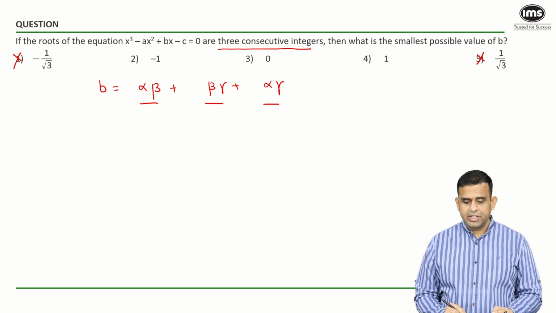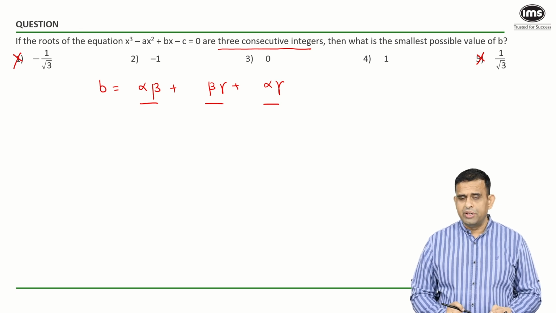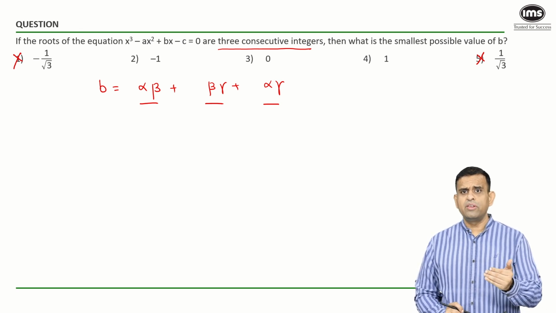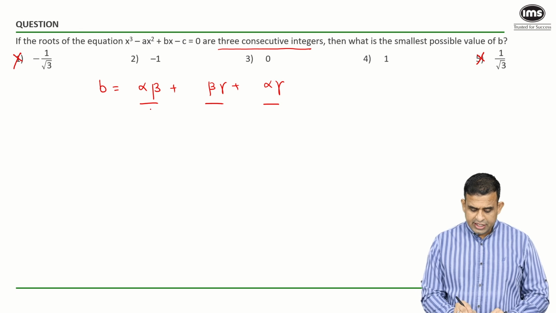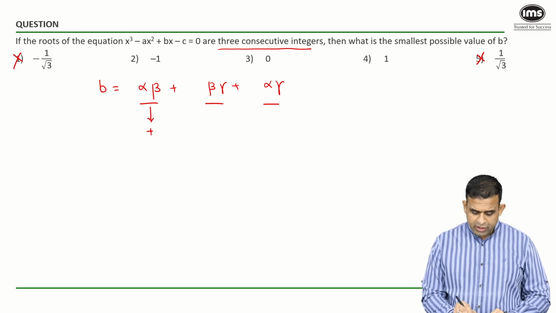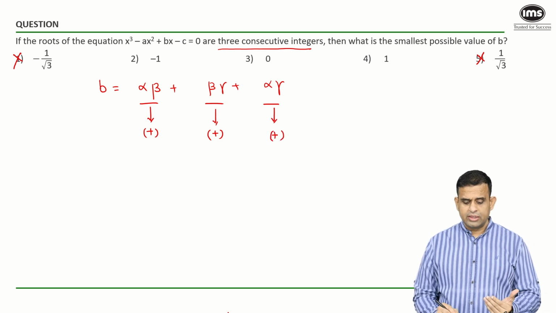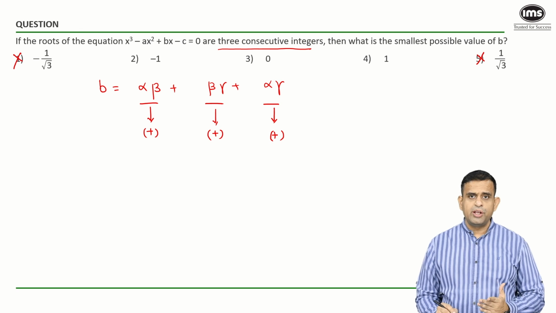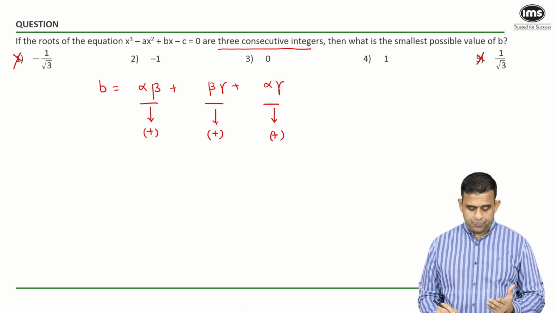Now understand that we want to minimize the value of b. If I take all my 3 roots as positive integers, in that case alpha into beta will be positive, beta into gamma is also going to be positive, and alpha into gamma is also going to be a positive number. In that case the required result will definitely become positive as well.